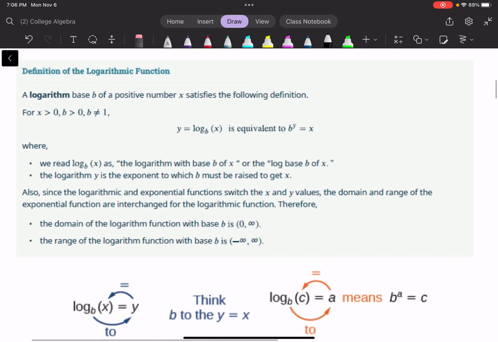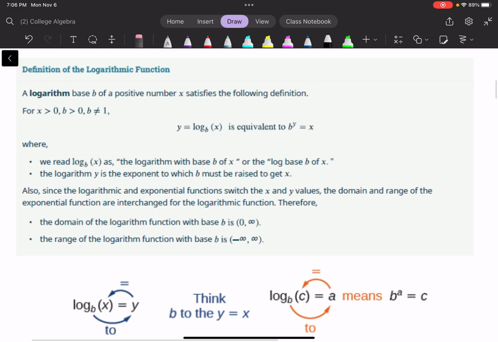And so that indicates that we're dealing with an exponential and logarithmic relationship, because things are getting big very, very fast. The definition of a logarithmic function is very closely related to the exponential function. A logarithm of base b of some positive number x satisfies this definition. We can see here the parallel between the logarithm and the exponential.